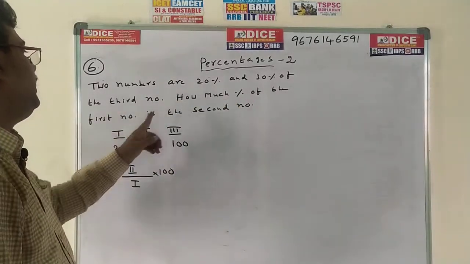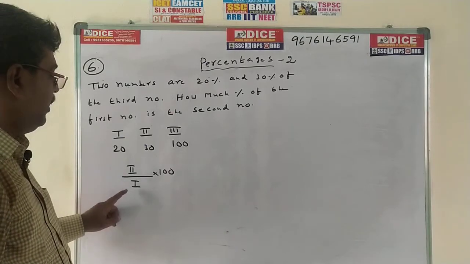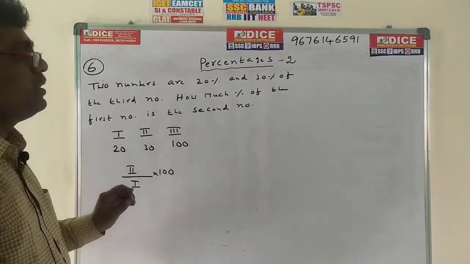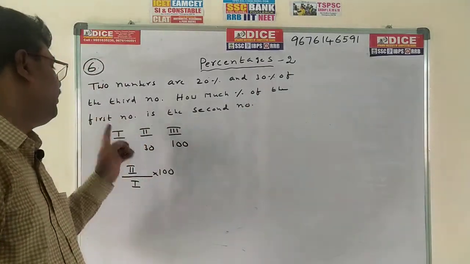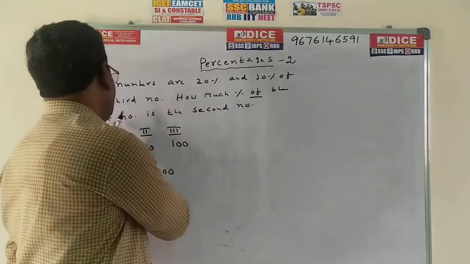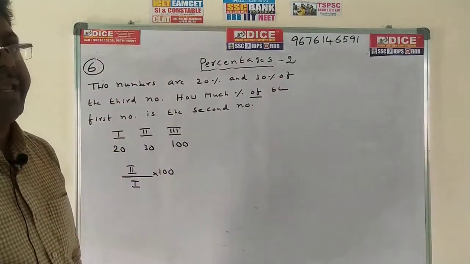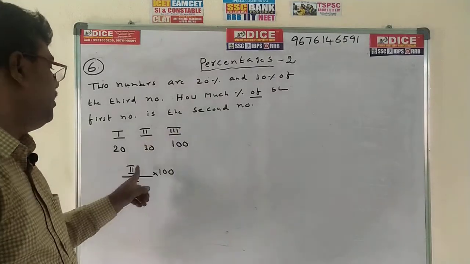Of the first number is the second number, so you write the second number in the numerator and the first number in the denominator, into 100.